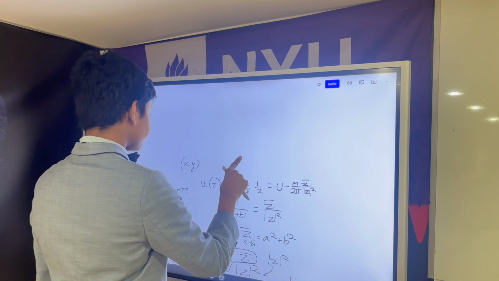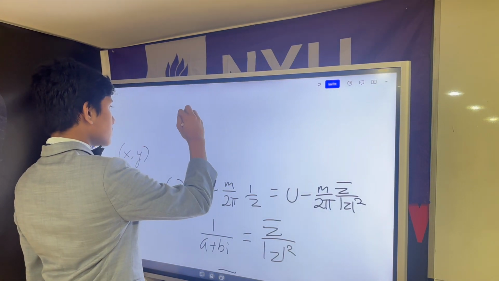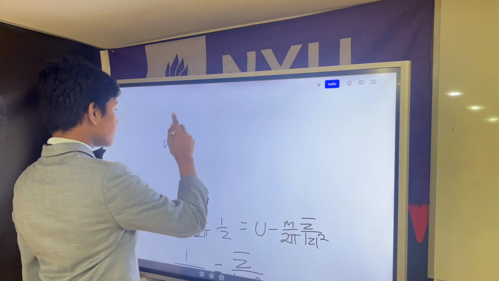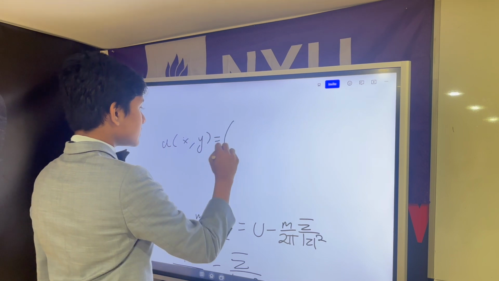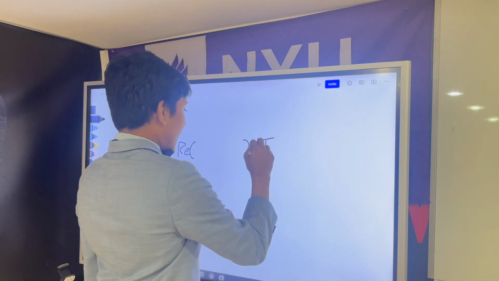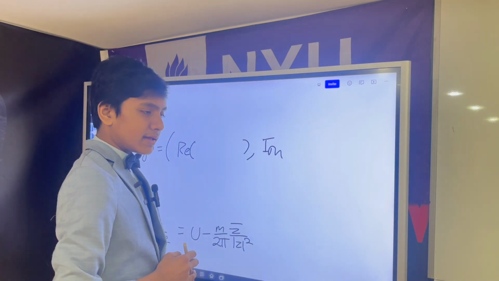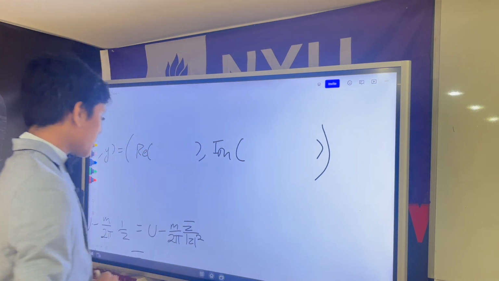That's weird. Okay. So now, u of xy is just, the real coordinate is the x. Yeah, I think it's a little bit chalky in here.